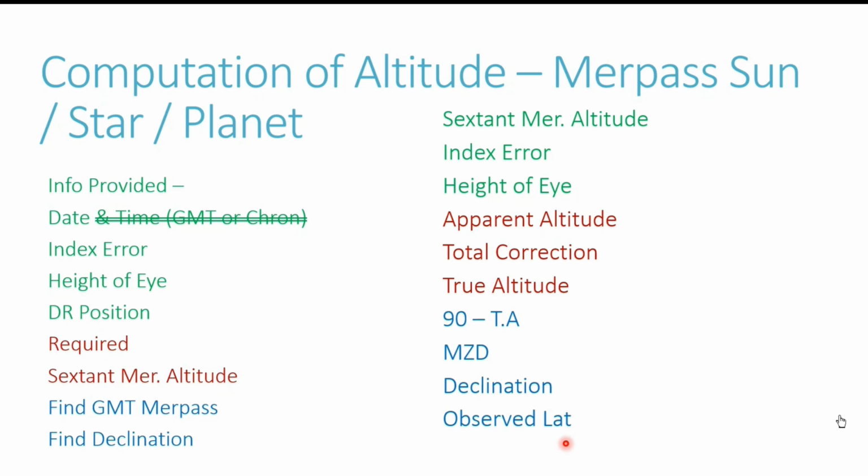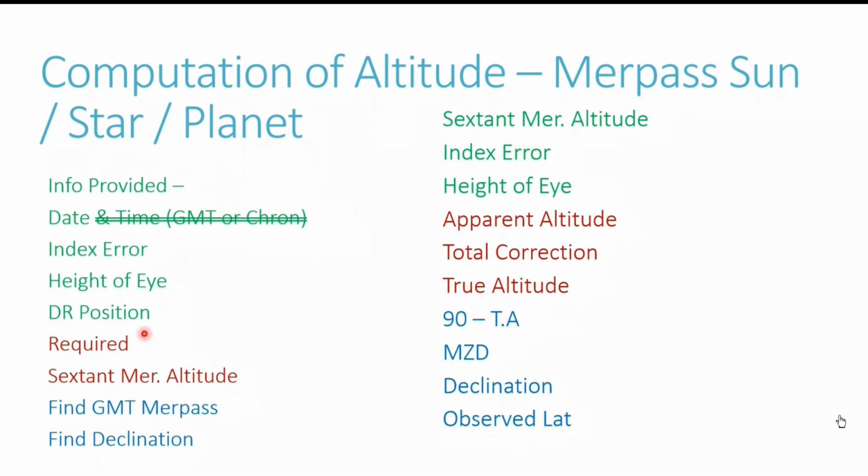Now, in this case, we are going to do exactly the reverse of it. We will follow the same procedure exactly in the reverse way. So instead of starting with the sextant altitude, we are going to start with the observed latitude. Now, from where do we get this observed latitude? It is not possible for us to get the observed latitude. So what we do in these questions is we use the DR latitude which is provided.